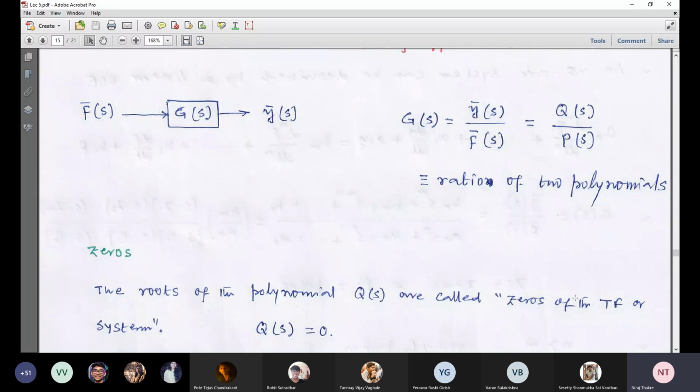Now, the zeros of the transfer function of a system. I think you know this concept. If we consider Q(s) equal to 0 and find the roots, those roots are called zeros of the transfer function or zeros of the system.